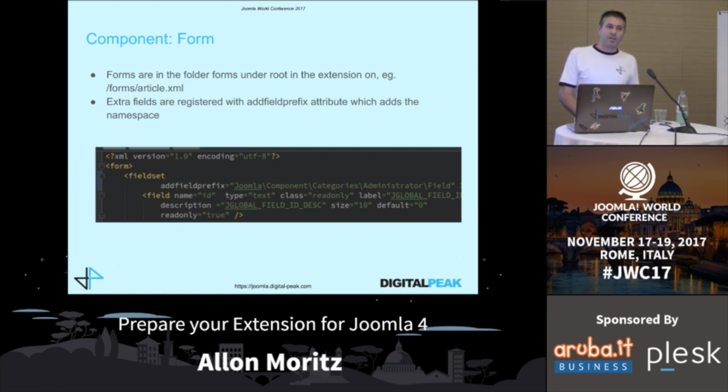It also allows the extension developer to use the same forms for Joomla 3 and Joomla 4, because when, for example, you want to use the category fields, in Joomla 4 you need addfieldprefix, in Joomla 3 you need addfieldpath, so you can use the same form on both systems. We'll explain later why that is important, because of backwards compatibility.